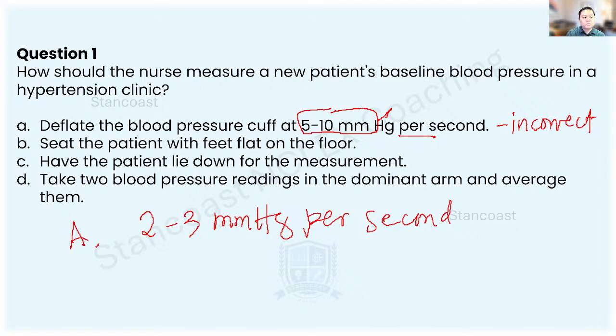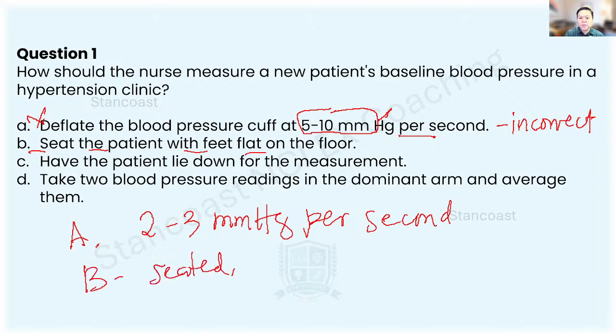Now, let me remove that. What about letter B? Seat the patient with the feet flat on the floor. What do you think about that action? Well, you want to make sure that your patient is seated, okay?